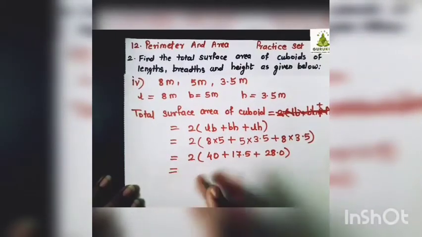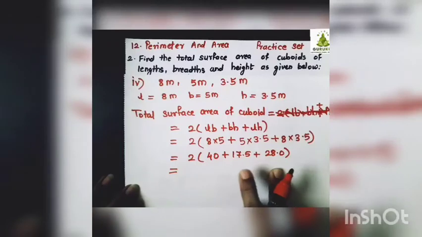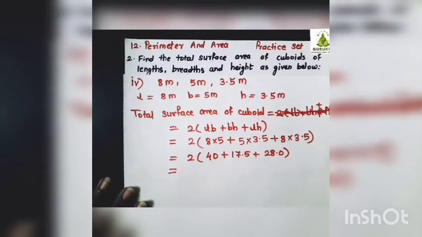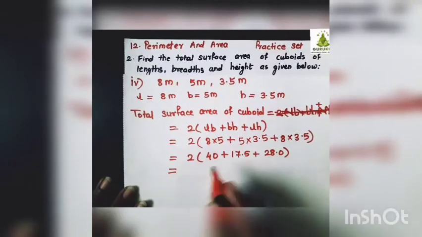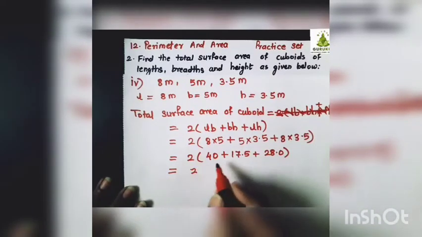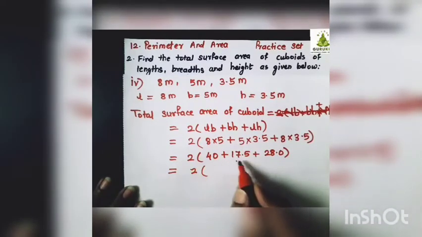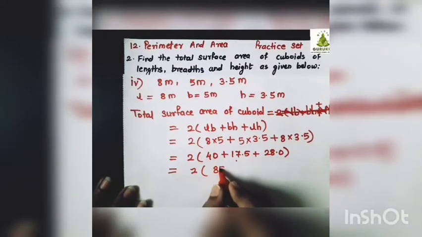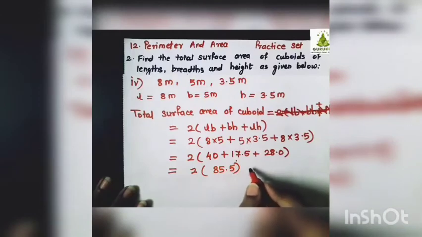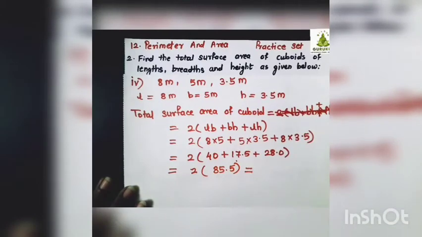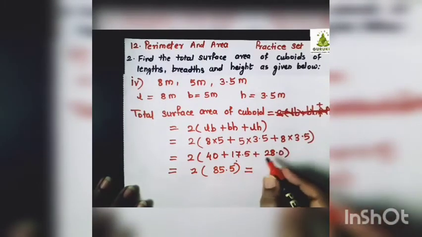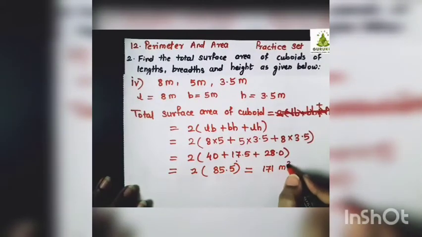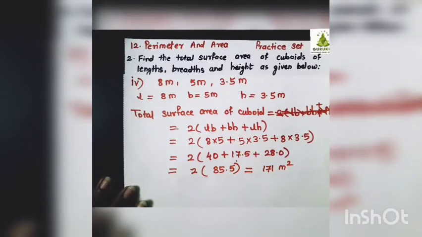Okay, I repeat, if you can't do the multiplication orally, don't go for oral, you solve it in a rough work. Okay, do the addition for all these. 40 plus 17.5 plus 28. So it will be 85.5. And 2 into 85.5 will be 171 meter square, the answer.